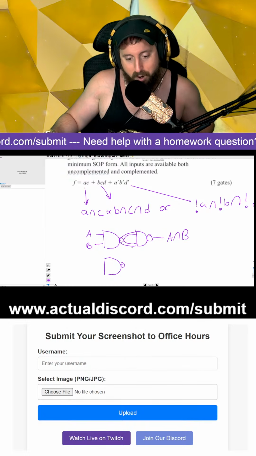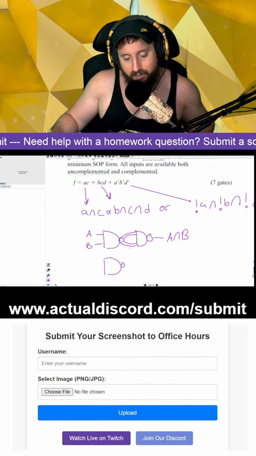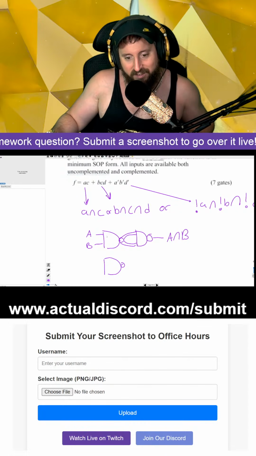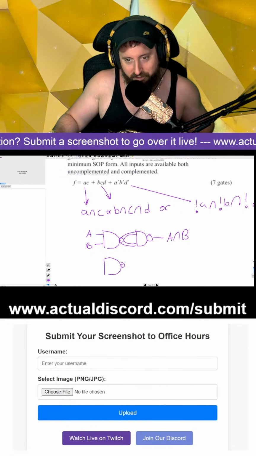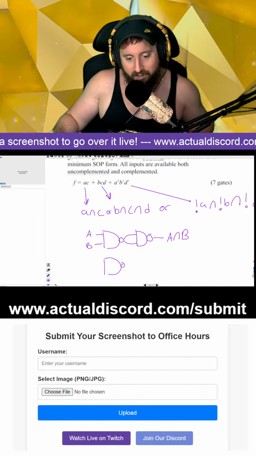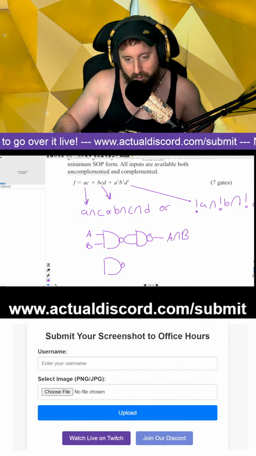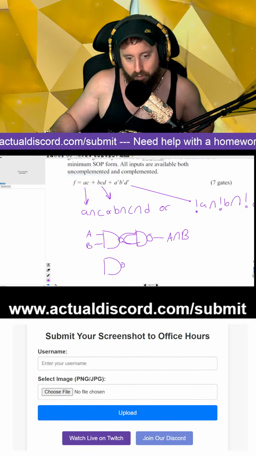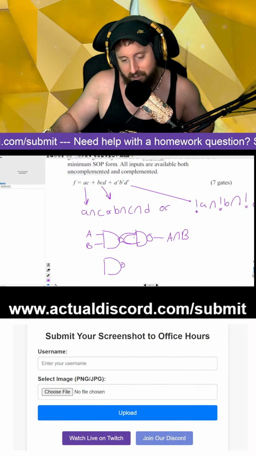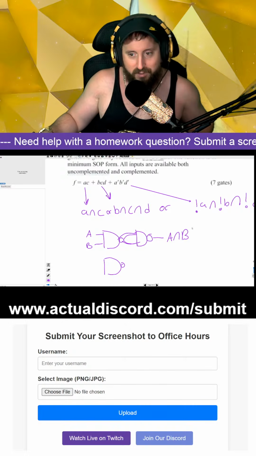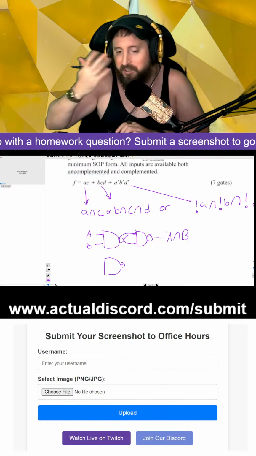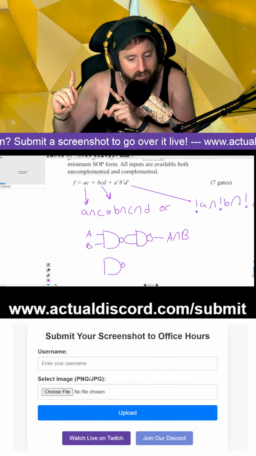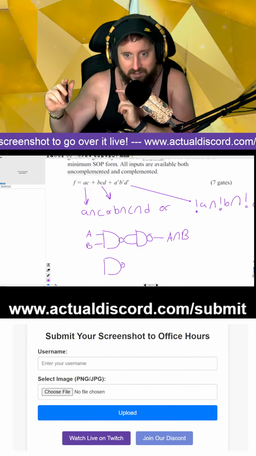And then if false goes to both, then you'll end up getting true, which is A and B. And if A and B are not both true, this ends up throwing a true. But then true and true ends up throwing a false for NAND, and so then you would get false. Wow, that's actually really cool. So you can use two NAND gates in series to make an AND gate. Oh, very cool.